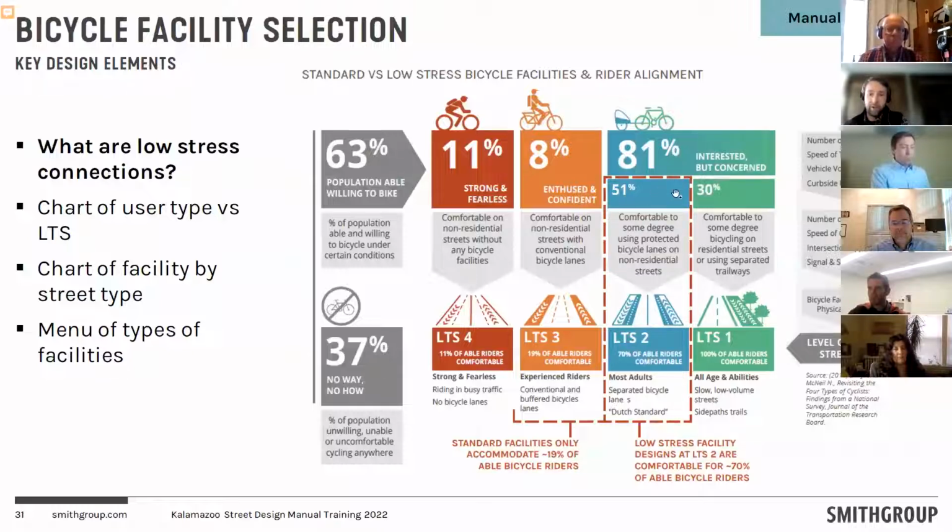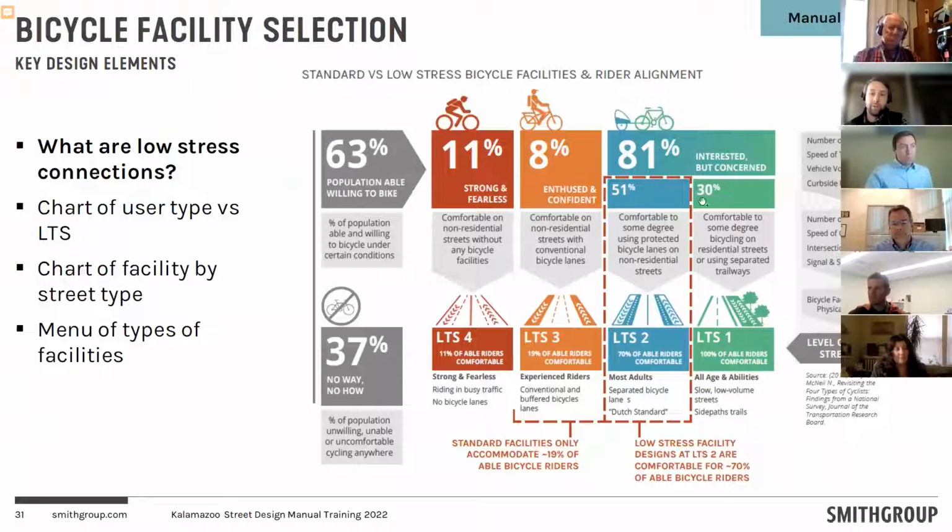So this is really what's starting to push, you hear about the Dutch standard of how things are being designed in many European cities for more safety and comfort. And so that move towards more separated bicycle lanes and separated facilities, or putting things onto much slower roads and designating them as bike boulevards and putting all the treatments in place to make that comfortable for people. That's really what this LTS, or level of traffic stress 2 category is.